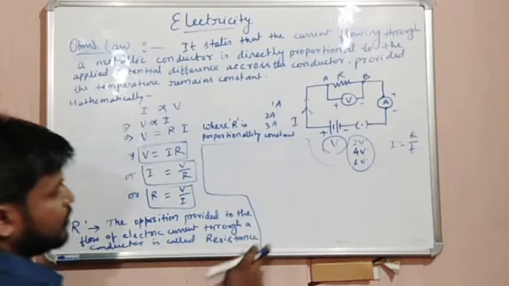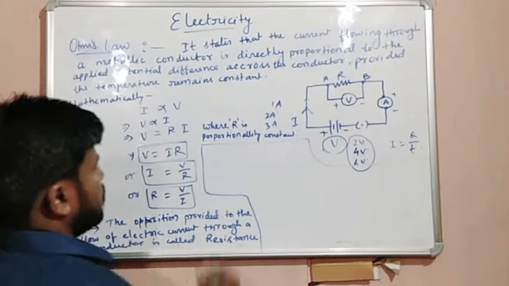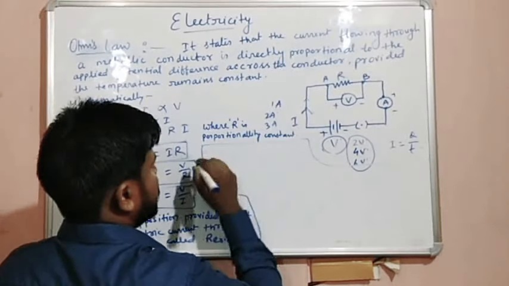Now I am coming here. This is the definition of resistance: the opposition provided to the flow of electrical current through a conductor is known as resistance. Remember this. It is actually a constant.